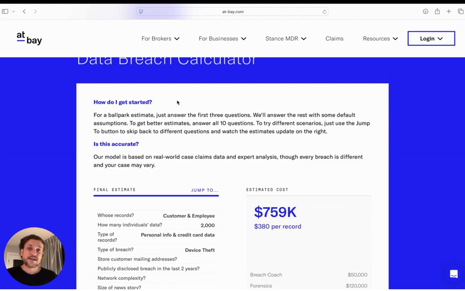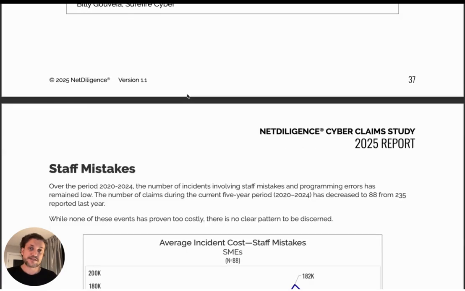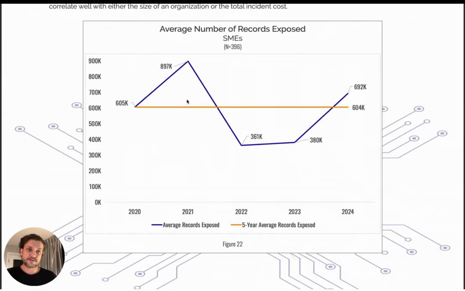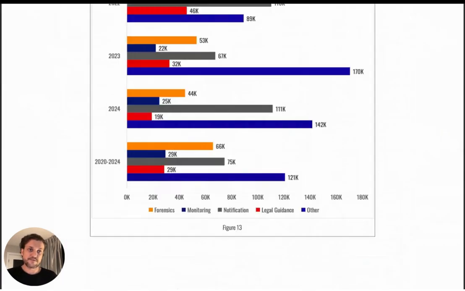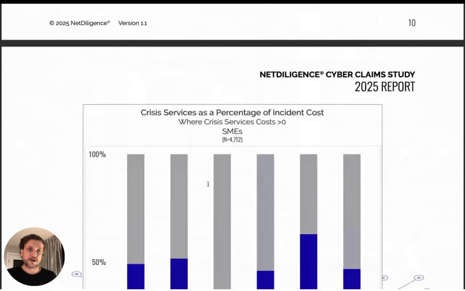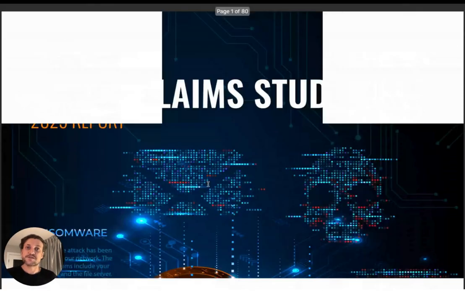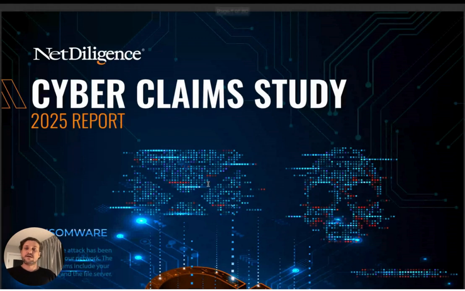Most of us don't have access to that data, but there is a company called NetDiligence. These guys are providing services to insurance companies, and they publish this report every year.